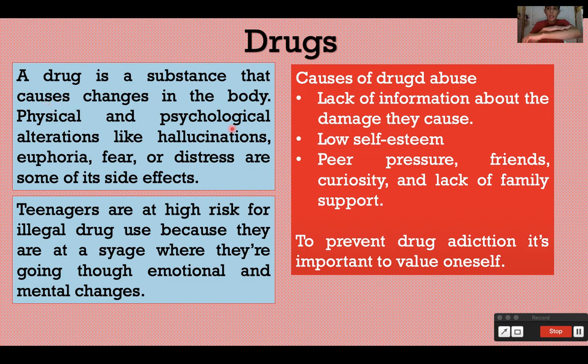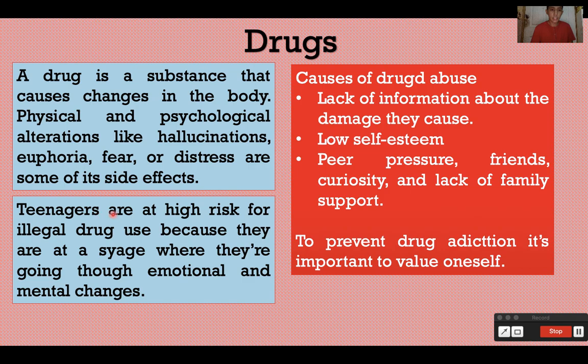For example, that you can have some eruptions in your skin, or that you begin to think that you are watching a ghost or something like that. Those are psychological alterations. Okay, who is at risk of getting drugs? Teenagers. Teenagers are from 12 years old to 18 years old.